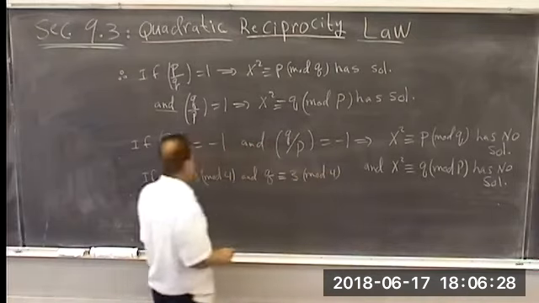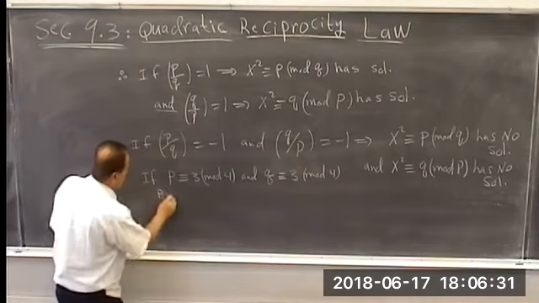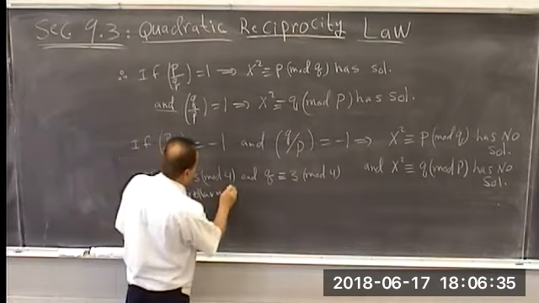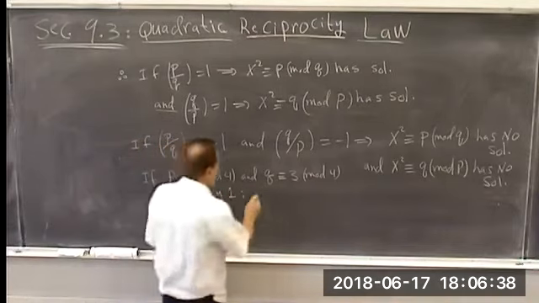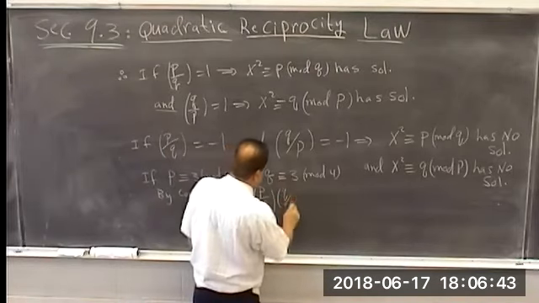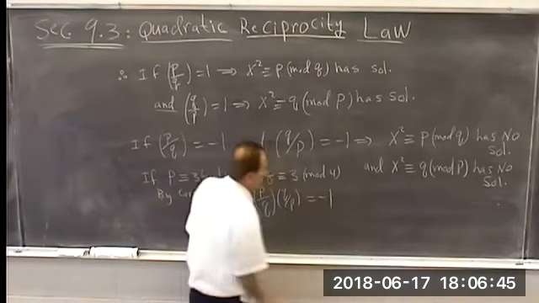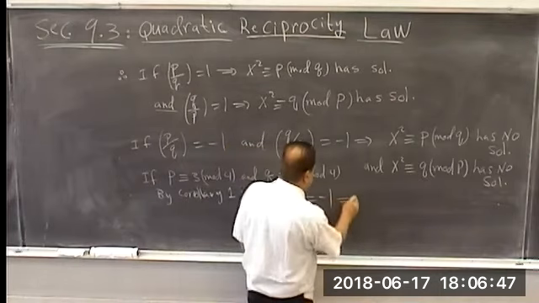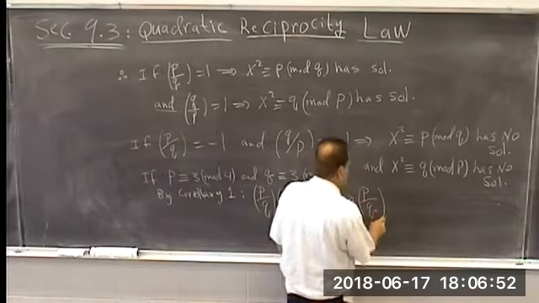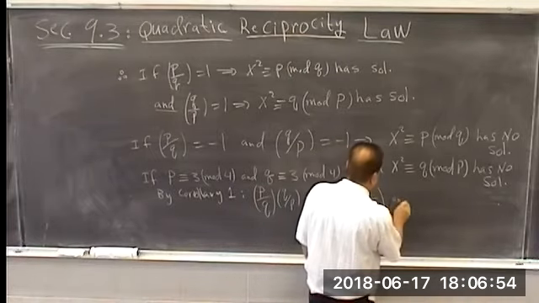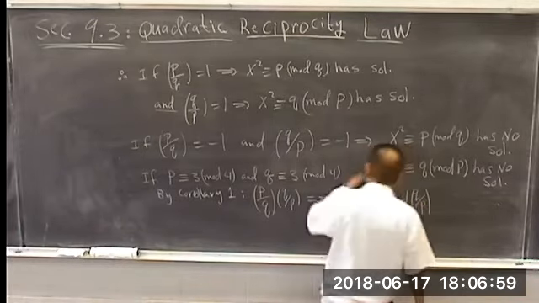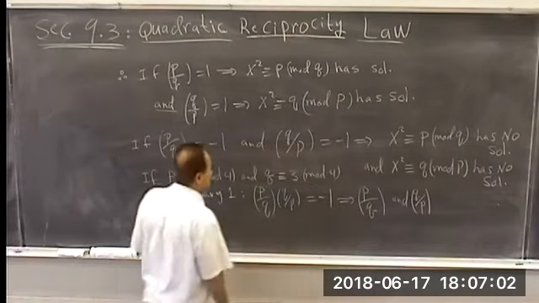Remember the corollary said that, by corollary 1, we have (P over Q) times (Q over P) is equal to negative 1. This implies that (P over Q) and (Q over P), one is going to be equal to 1 and the other equal to negative 1.